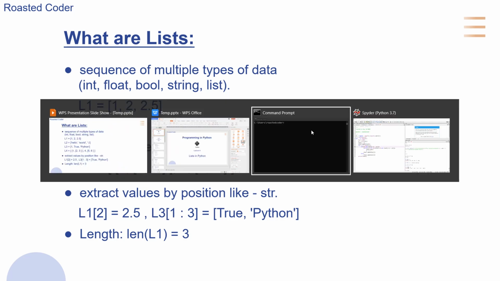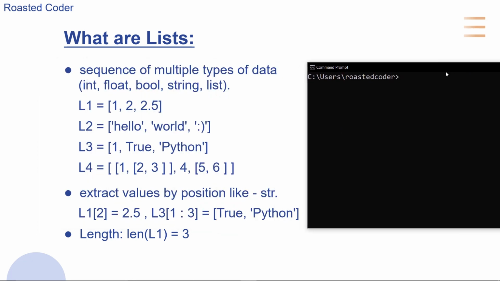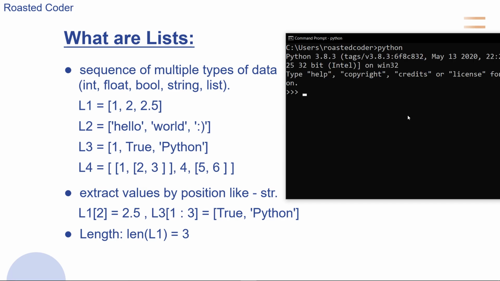Let's open command prompt. Let's type Python. It will start Python on your command prompt. Now let's extract values by positions.